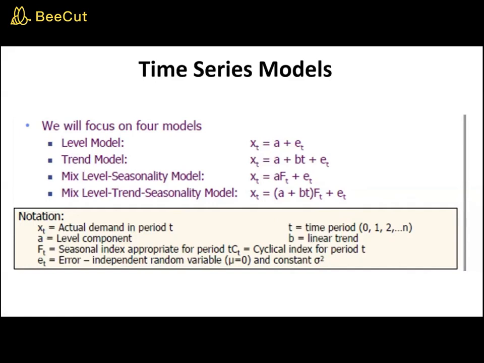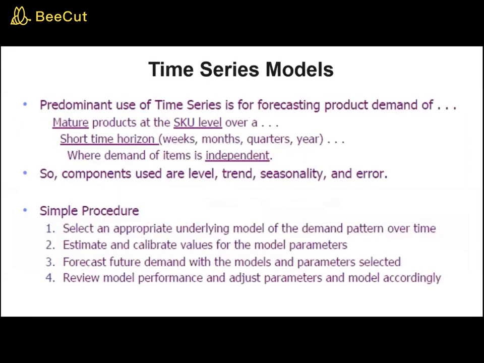So if in the future you ever face a situation where there is seasonality, you should remember that the forecasting is probably going to need some sort of a forecasting factor involved in it, and you can't just do it the same way as a level or a trend forecast.